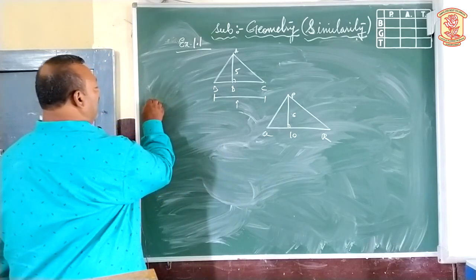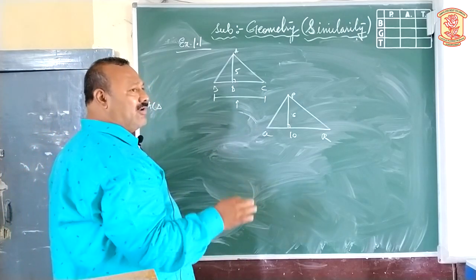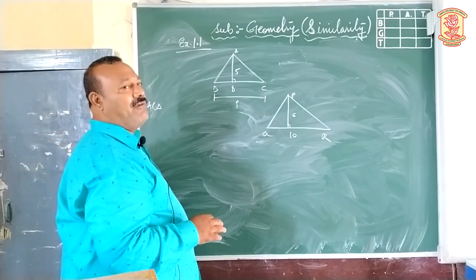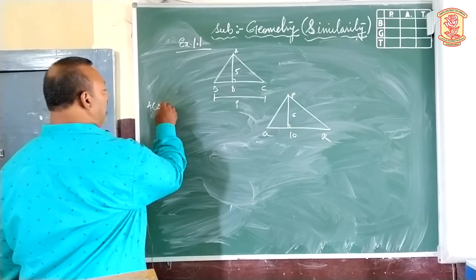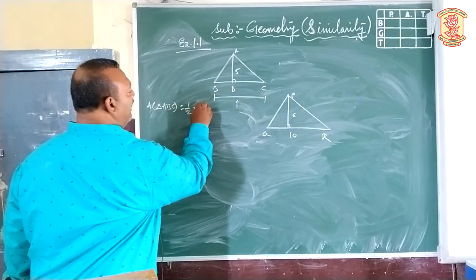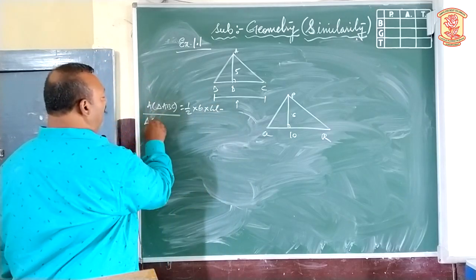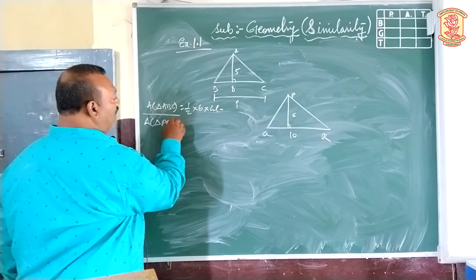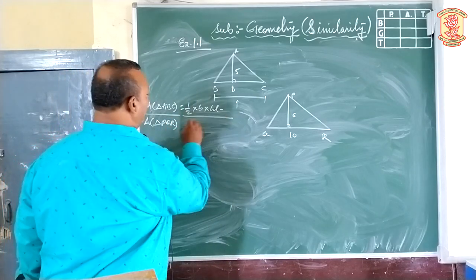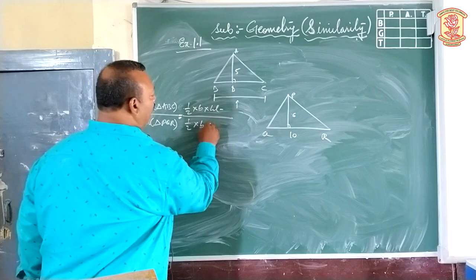We know that whenever two triangles are given, we calculate the area by applying half into base into height. Therefore, area of triangle ABC over area of triangle PQR equals half into base into height of the first, over half into base into height of the second.